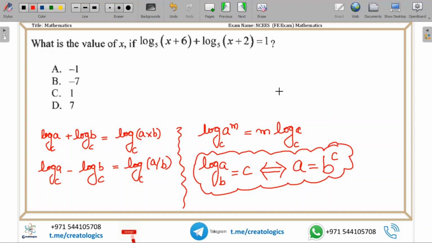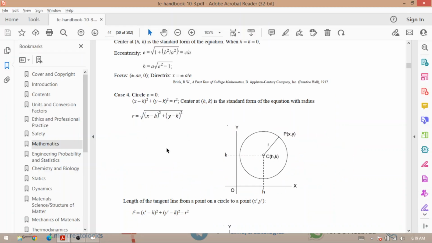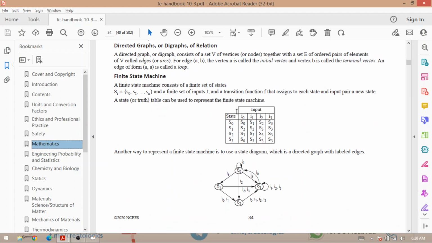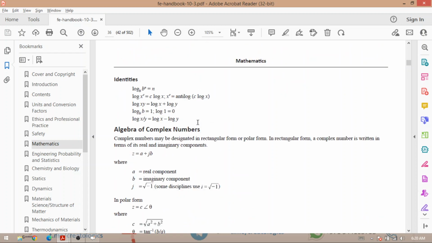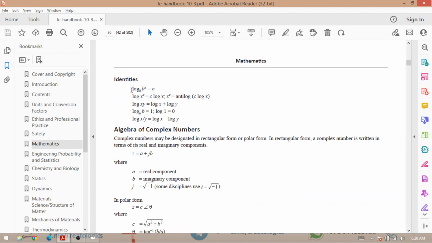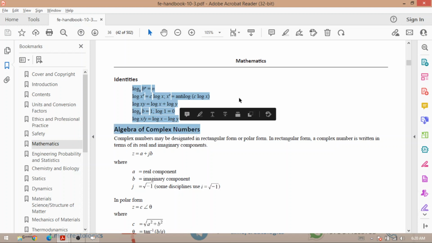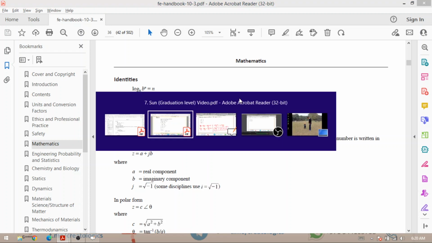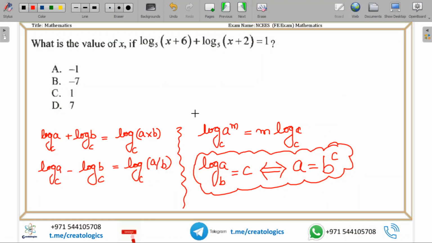You can check out those properties in the handbook, where you can find log with base e or base 10 and different conditions. But I already wrote all the properties for you here, so let us solve this question now.